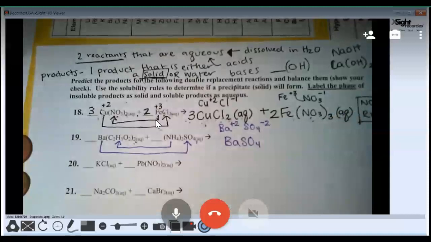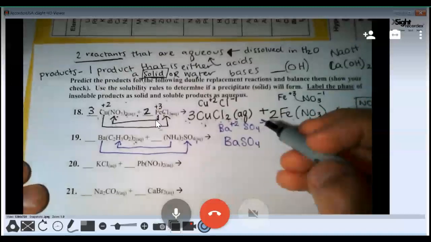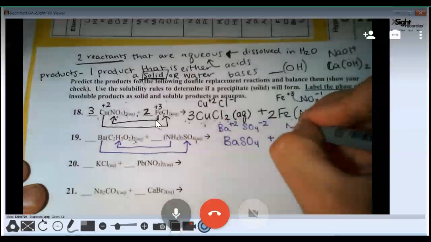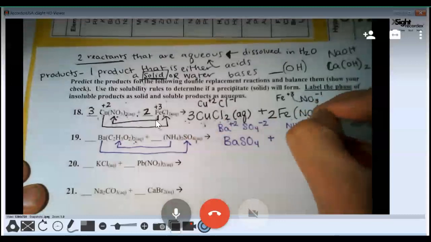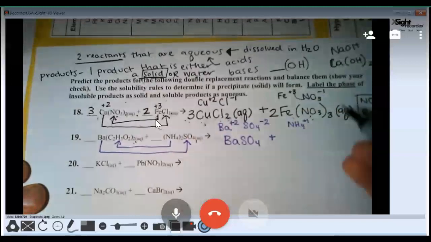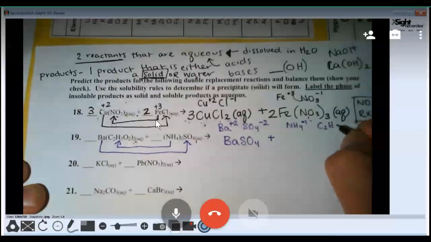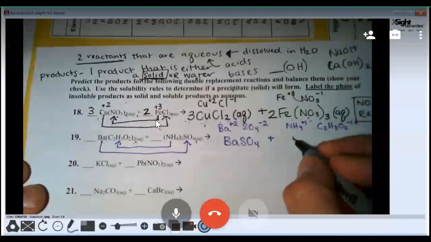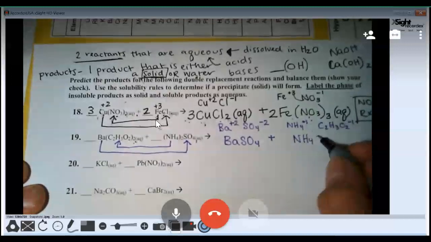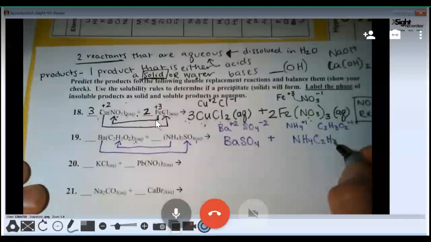Yes, ma'am. All right, just make sure. Okay, and then we have NH4, which ammonium has a +1 charge, and it's going to be crisscrossed with acetate, C2H3O2. The whole thing has a -1 charge. So when we crisscross, we get 1 NH4, and we get 1 C2H3O2.